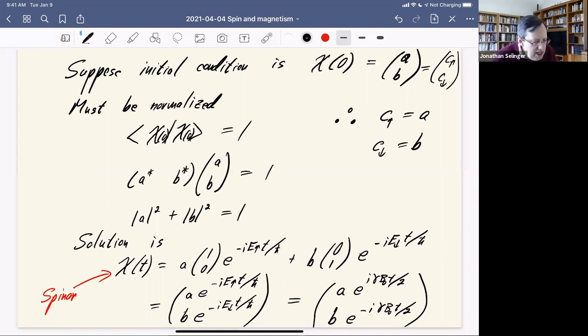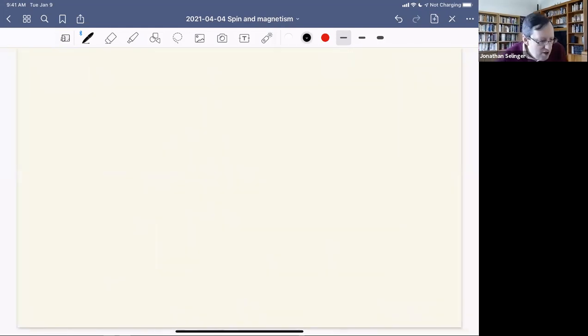So let's calculate the expectation value of spin. In this state, we could calculate the expectation value of S_z or S_x or S_y, any of those things. So let's do it. Suppose we want to know what is the expectation value of S_z in that state that we just found.